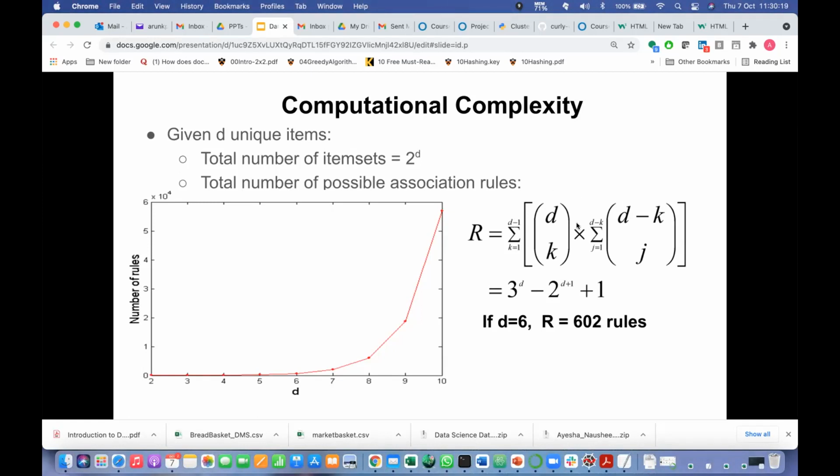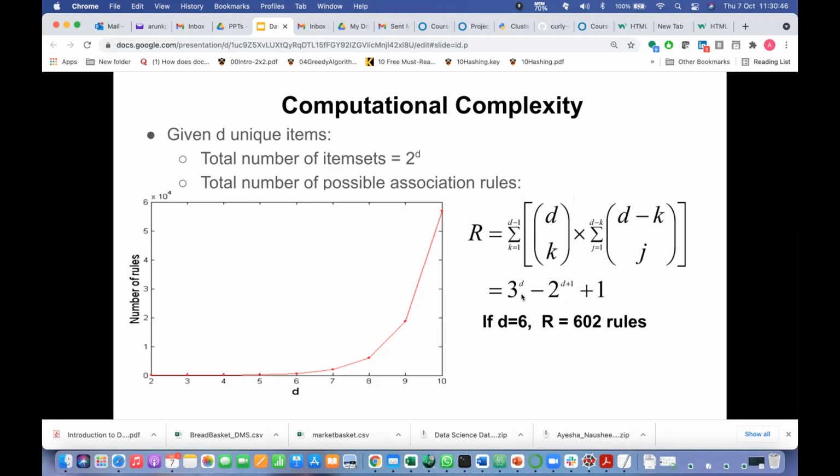If you expand this, anybody remember the formula for n C k? N factorial by n minus k factorial into k factorial. So if you want, you can expand and see how good your aptitude skills are. Then you should get this result: 3 power d minus 2 power d plus 1, plus 1.